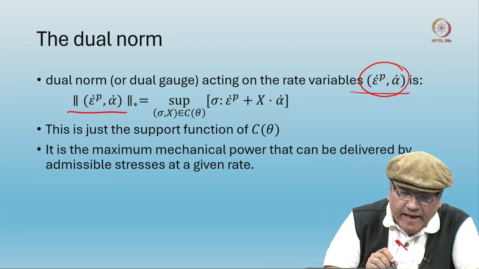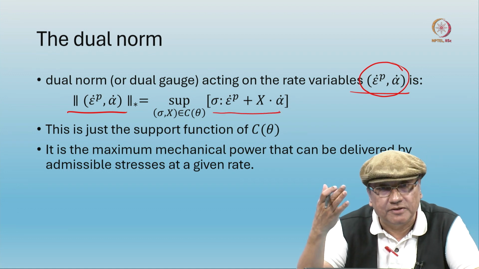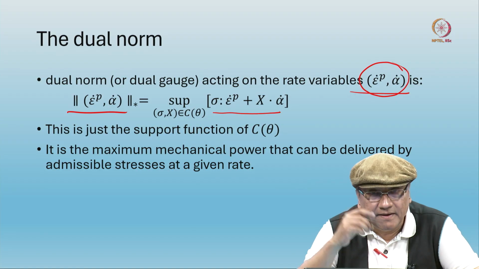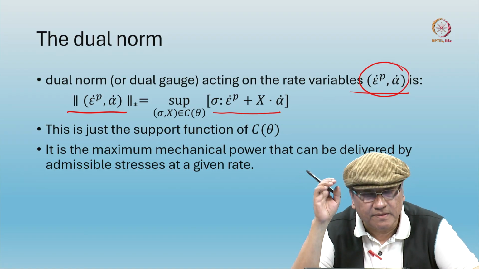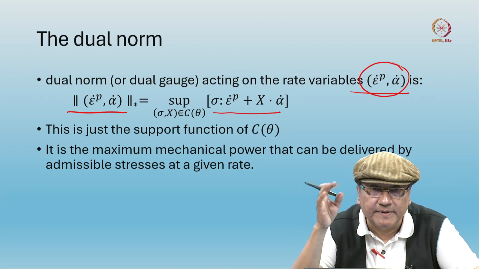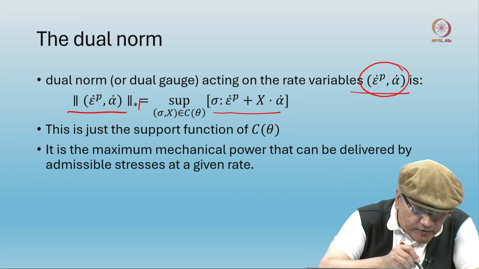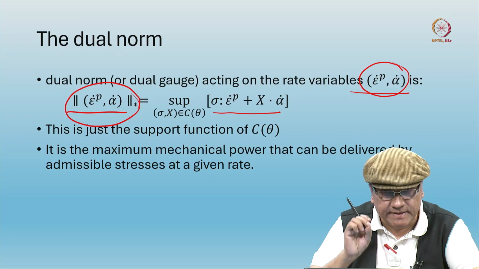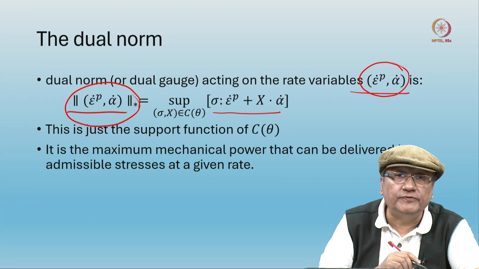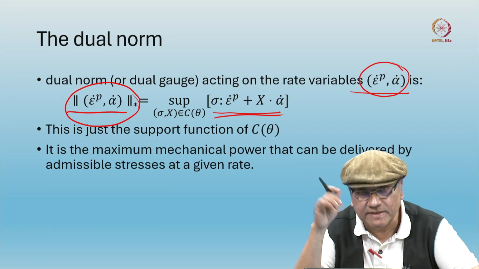right, you have to actually take the supremum, this is something like the dissipation, right. So, the inner product of sigma with epsilon p dot, plus x times alpha dot, is like the dissipation. Now, for a given epsilon p dot and alpha dot for which you are finding this left hand side quantity, you have to find the sigma and x for which this is the maximum, this is the supremum.